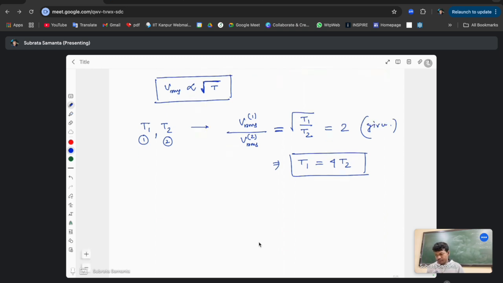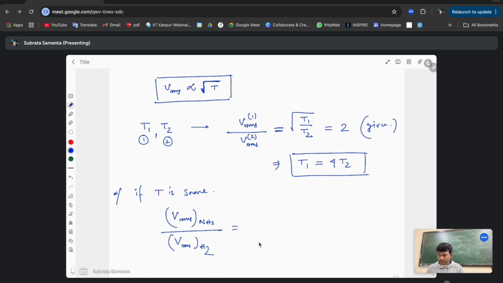Similarly, if the temperature is the same, let's say v RMS for NH3 molecules and v RMS for H2 molecules at the same temperature, I want to calculate the ratio of the RMS velocity of these two molecules.